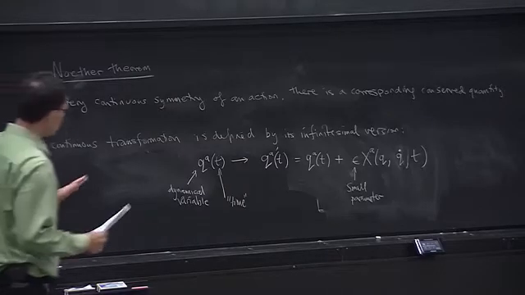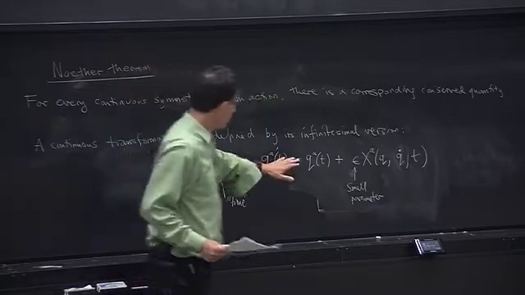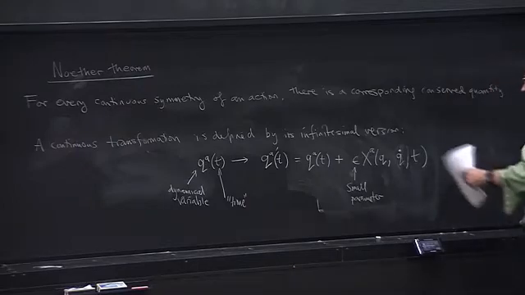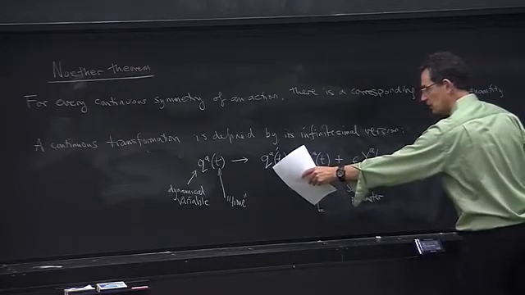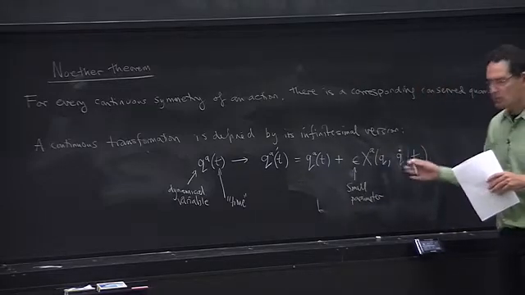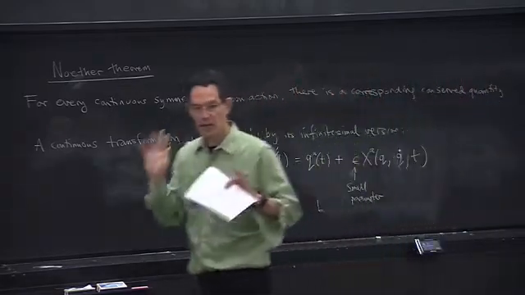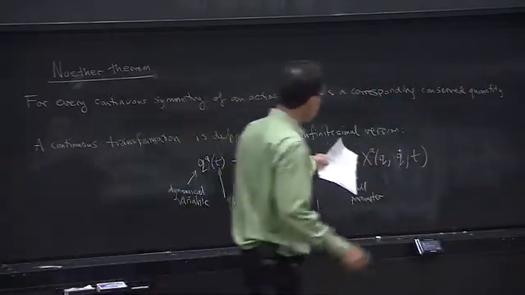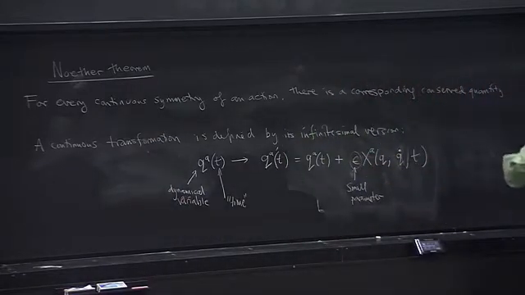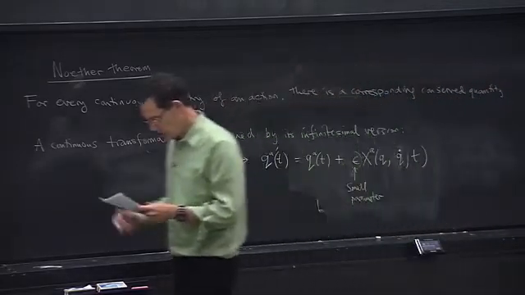So the idea is I'm going to take some trajectory of the system, and change it to another trajectory, equal to the old one plus some small change, and I'm going to allow this small change to depend on the coordinate and the velocity and the time. So this X quantity doesn't have to be small, but there's an overall parameter which is small. So some small change to the trajectory depending on all the properties of the trajectory.